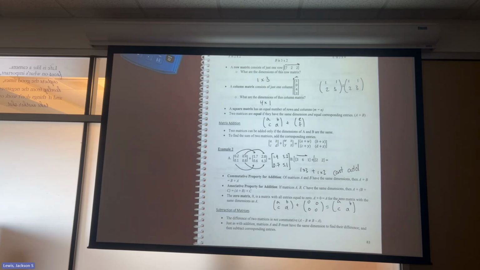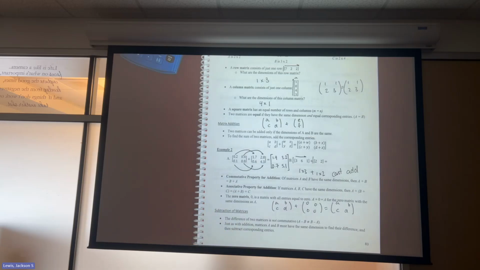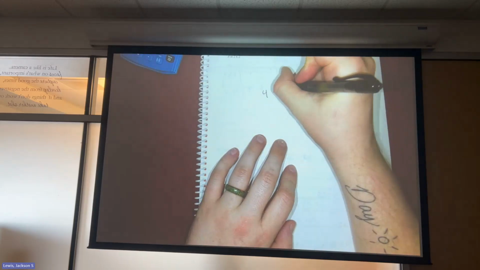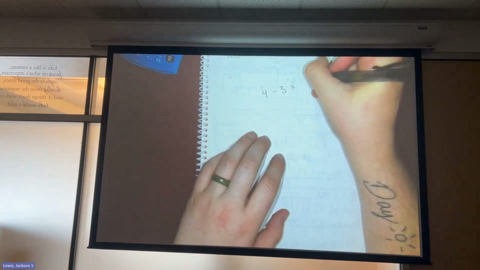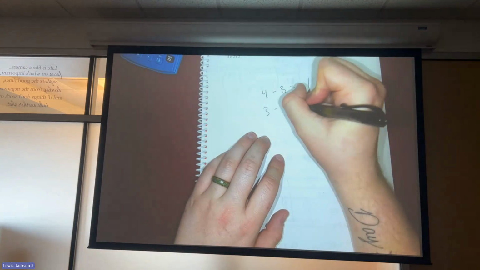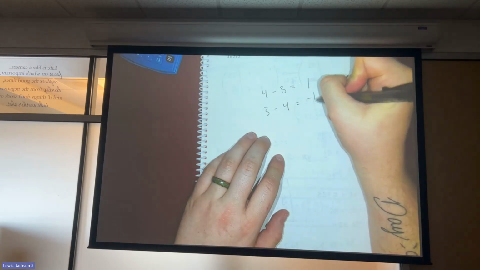Subtraction of matrices is the same thing as adding the negative. Note that subtraction doesn't commute. Subtraction doesn't commute for regular numbers either. What is 4 minus 3, for instance? 1. What's 3 minus 4? Negative 1.